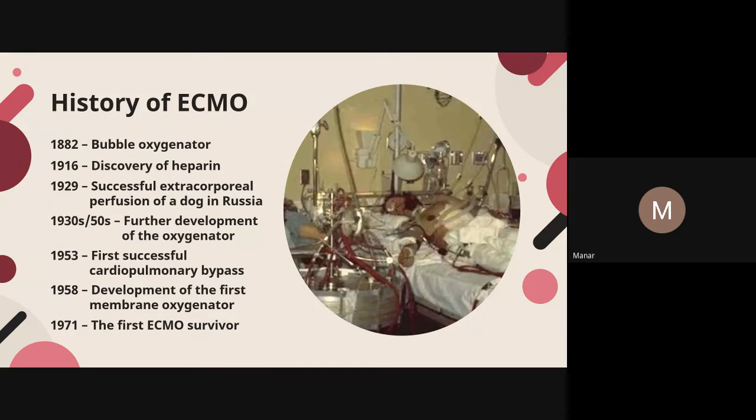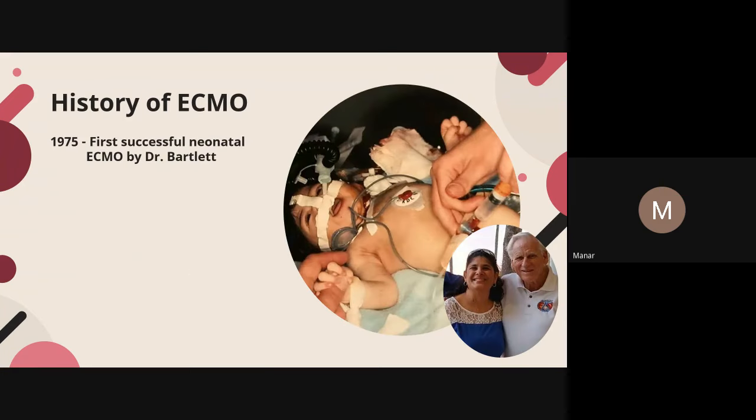And then thankfully, in 1971, the first person ever survived ECMO. This was a 24-year-old patient who survived a car accident. He survived, I believe, 72 hours on ECMO. And this is a very big milestone in the history of ECMO.